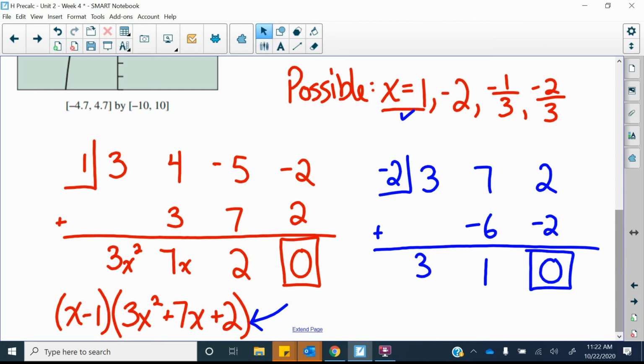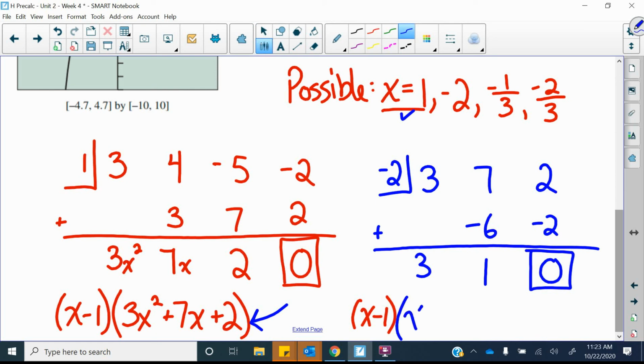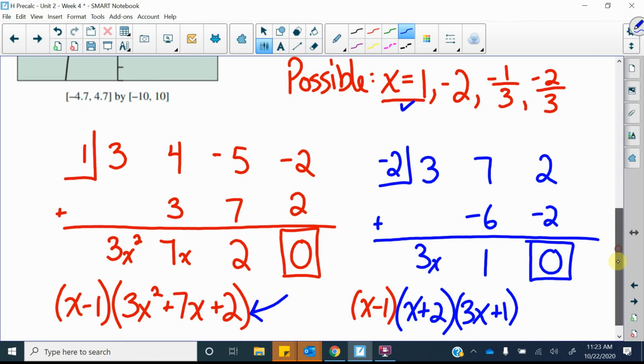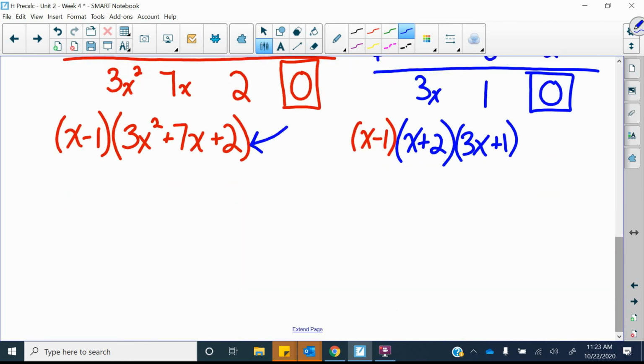What I want you to see is that I still have the x minus 1 that I technically factored out already. With what I have left from my divisor, I have an x plus 2. And what's left over is a 3x plus 1 for my quotient, which we just found using synthetic division.